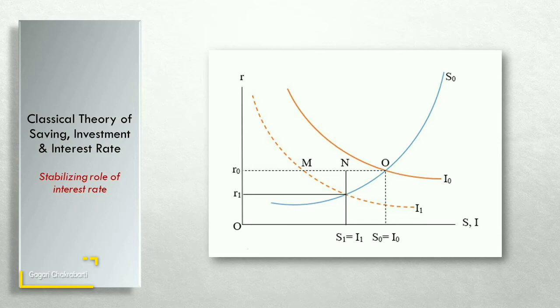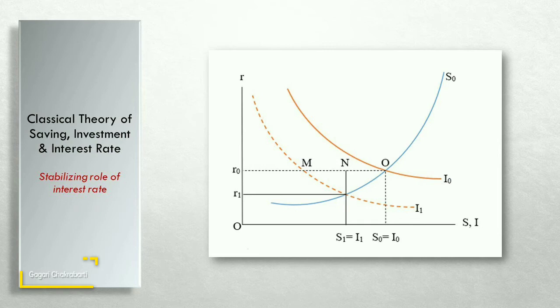For this we consider a hypothetical case where the expected profitability of investment changes. So initially the equilibrium is given at point O, where the initial saving curve S0 and initial investment curve I0 intersect each other, so that the rate of interest is R0 and the saving and investment are given as S0 and I0.